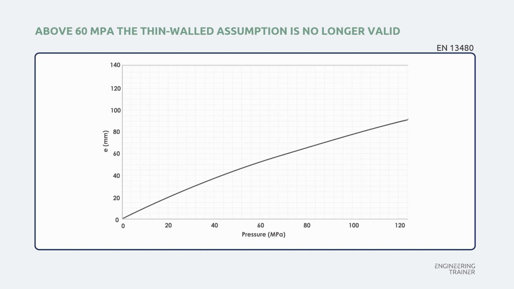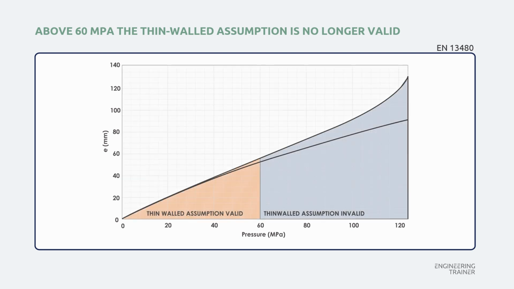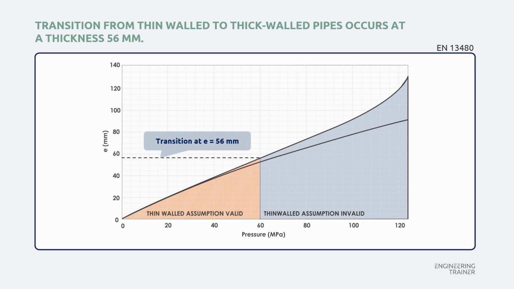Let's plot the thin-walled and thick-walled relations in this figure. We can clearly see that the thin-walled relation underestimates the minimum required wall thickness significantly at higher pressures. From our previous graph, we know that the thin-walled assumption is valid up to a pressure of 60 megapascals. Let's plot this in the current graph. We see that the transition from thin-walled to thick-walled pipes occurs at a thickness of 56 millimeters.